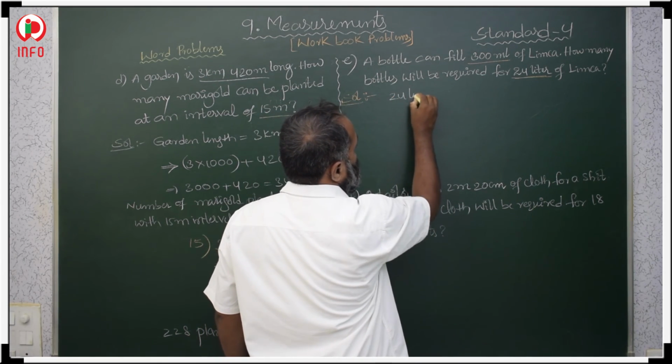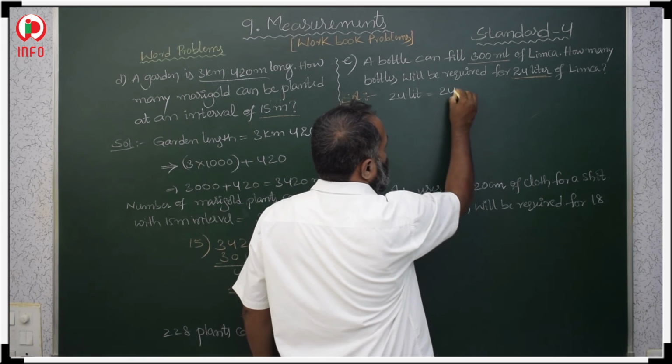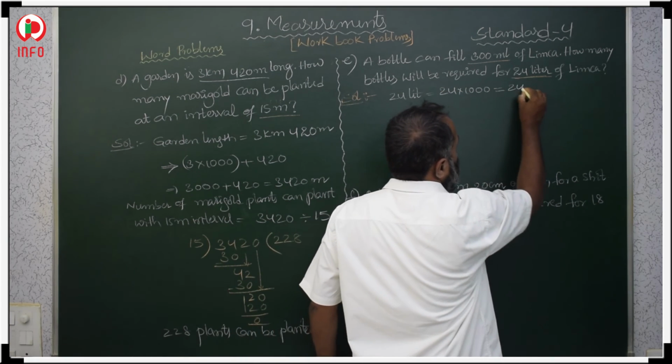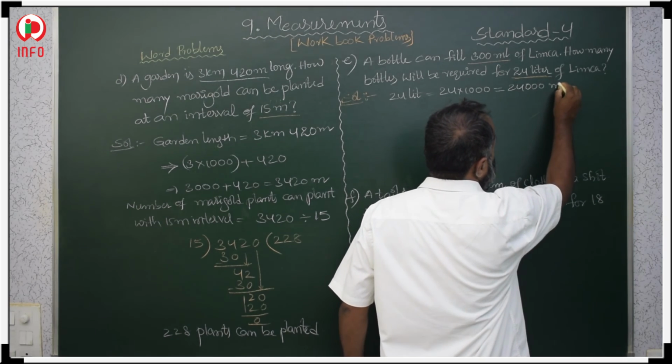24 liters is equal to 24 into 1000. Why? 1 liter is equal to 1000 milliliters, that is 24,000 milliliters.